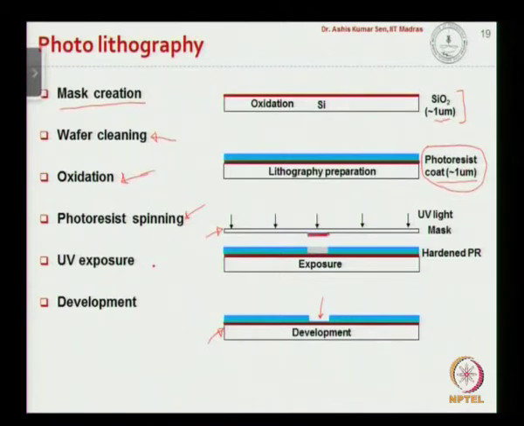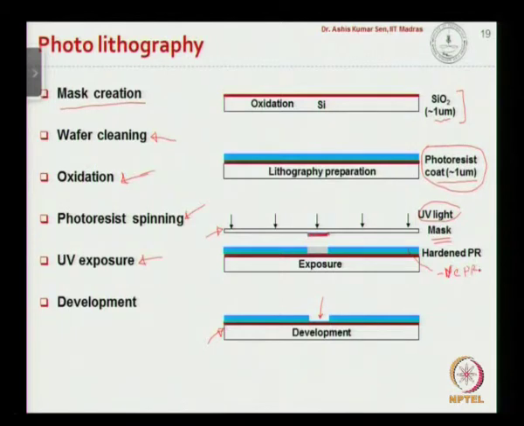Depending on the depth of the structure, we would control the thickness of the photoresist. After the spinning of the photoresist, we go for exposure to UV light through a mask, depending on the pattern that you want to create. Let us say in this case this is a negative photoresist.